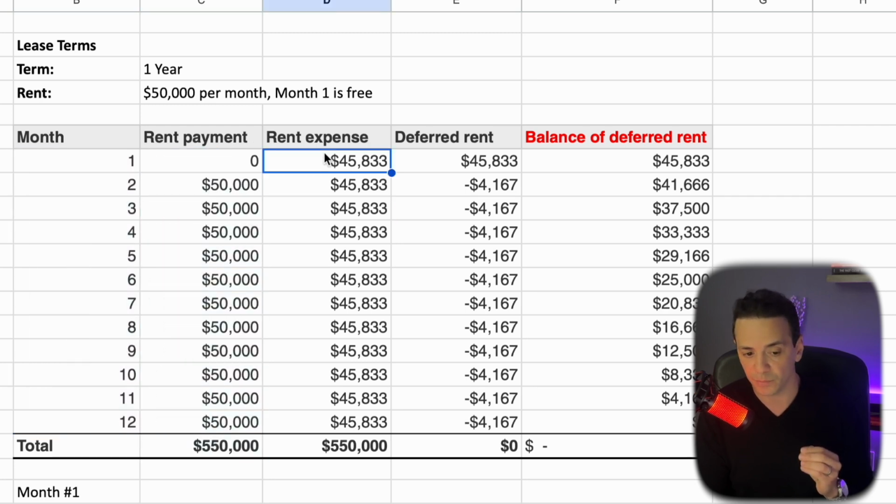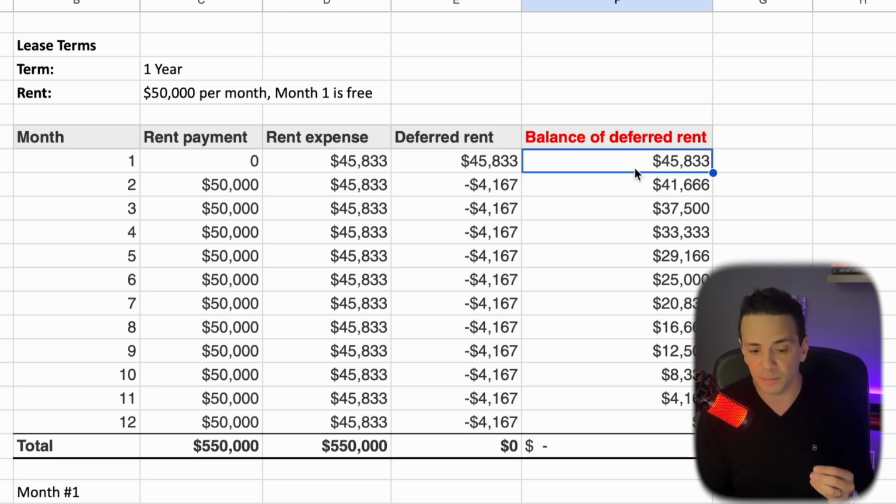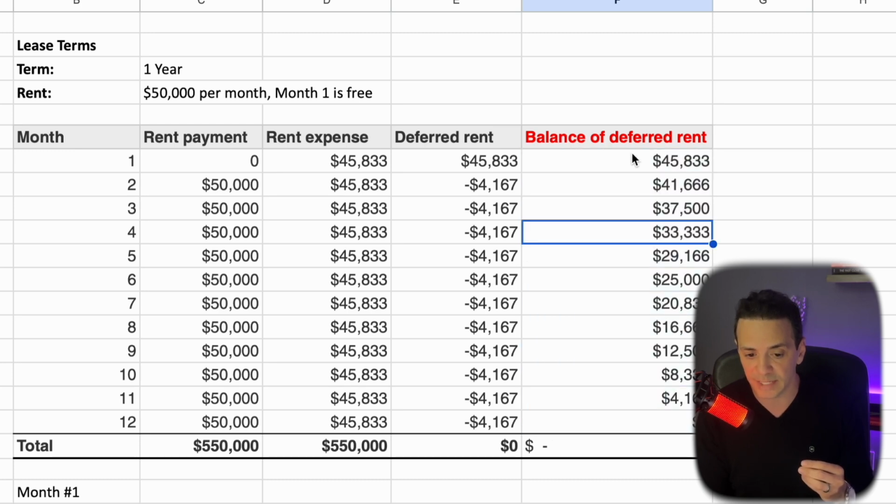And then you say, okay, my rent expense is going to be a straight line of the total amount paid for the full 12 months divided by 12. And that would be my monthly rent expense. And then you create a deferred rent liability, $45,000, and you will take that and basically phase it out over the 12 months. As you see here in the schedule, it goes down each month by $4,000.